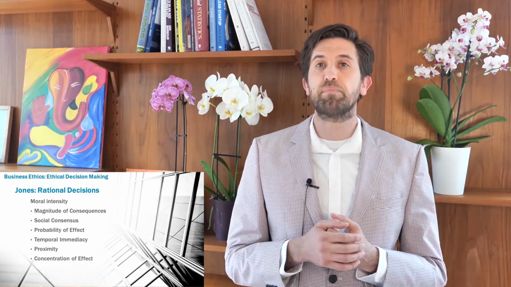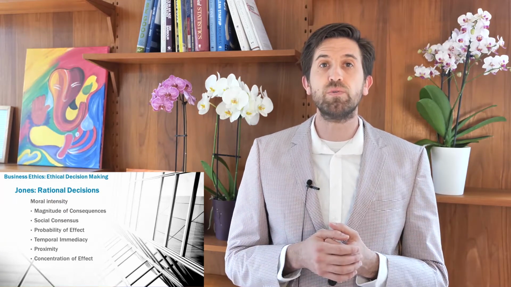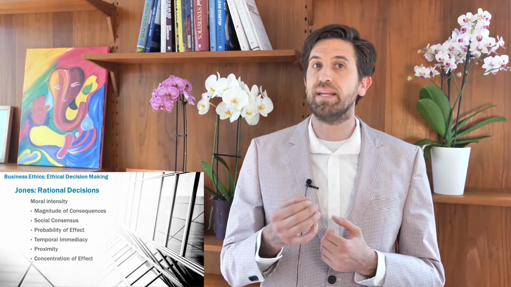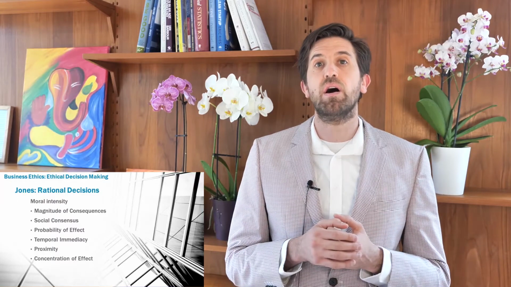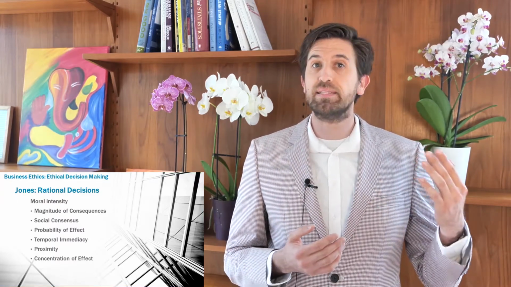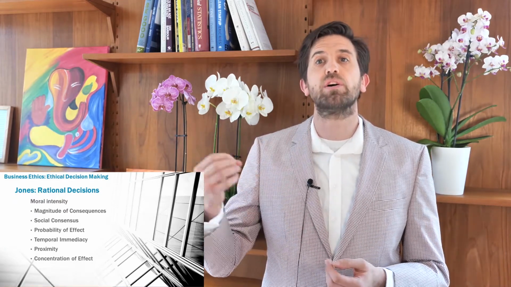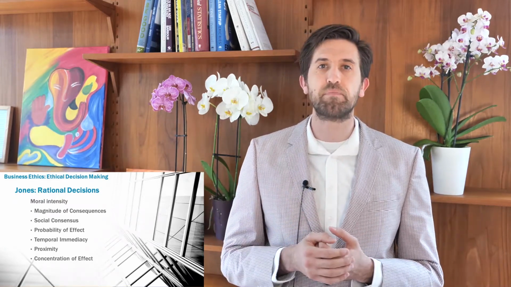Next, we have the probability of the effect of the moral act in question. Jones defines this aspect of moral intensity as a joint function of the probability that the act in question will actually take place and the act in question will actually cause harm or benefit.